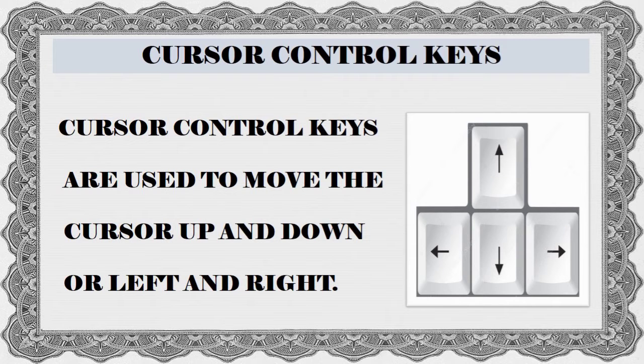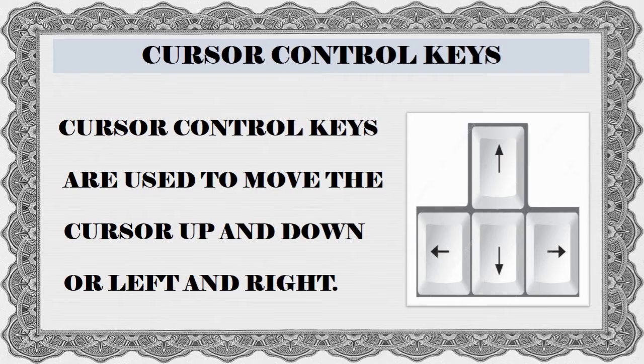Our next key is cursor control keys. If you have ever seen the keyboard, there are some arrows on the keyboard, right hand side: up, down, left and right. You can go up and down, left and right with the help of cursor control keys.